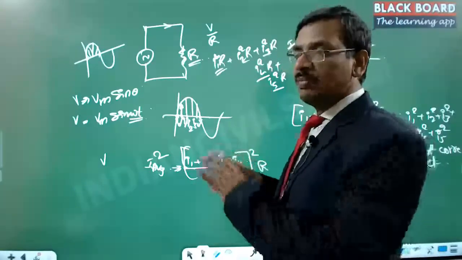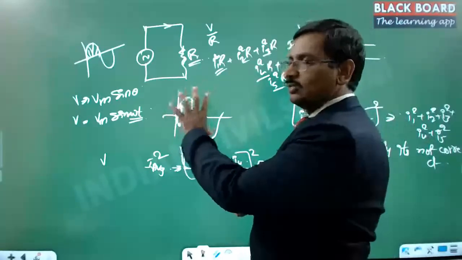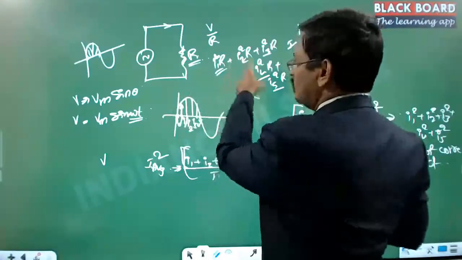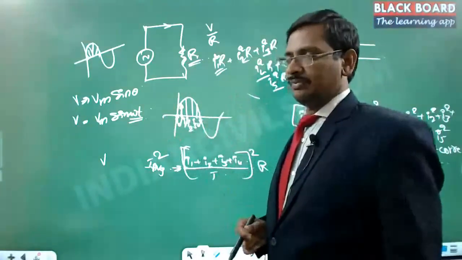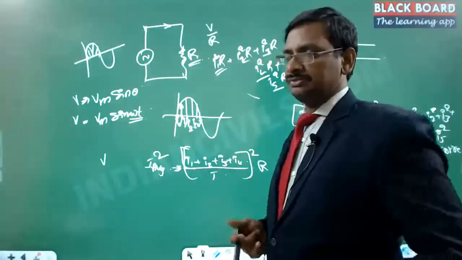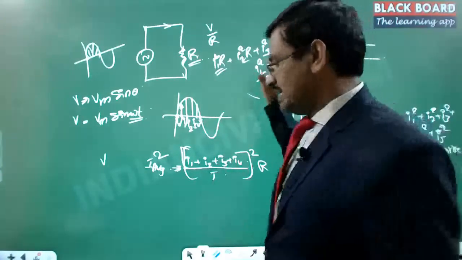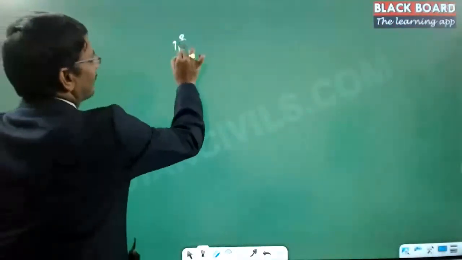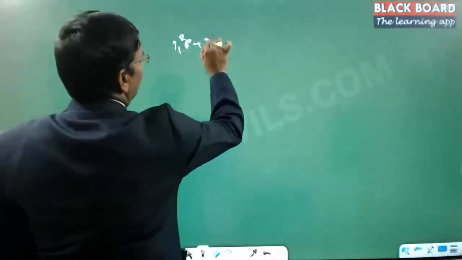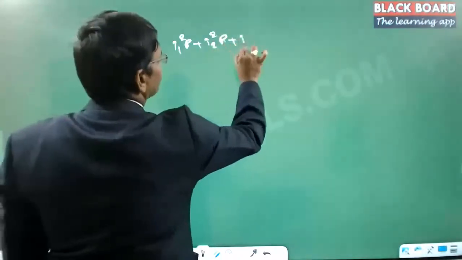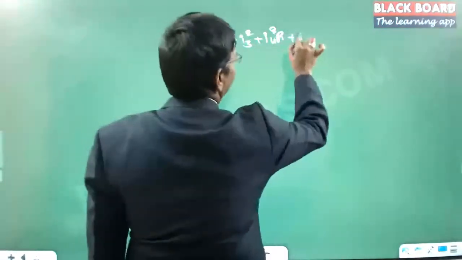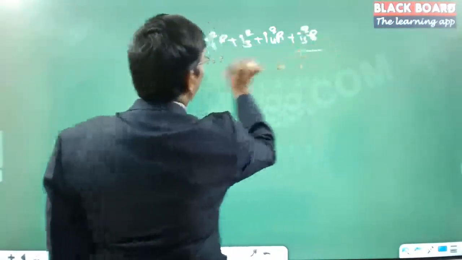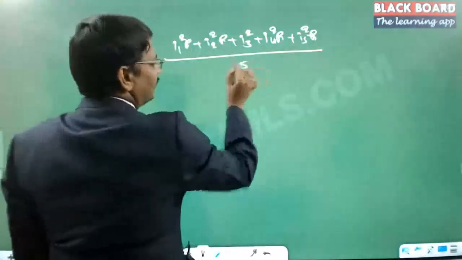Then that will be the more or less accurate value you were able to achieve if you are able to take the average of all these heats that were produced at different times. Correct or not? Understood? Right, that's exactly what we do. So what we take is I1 square R plus I2 square R plus I3 square R plus I4 square R plus I5 square R, whole divided by the 5 values.